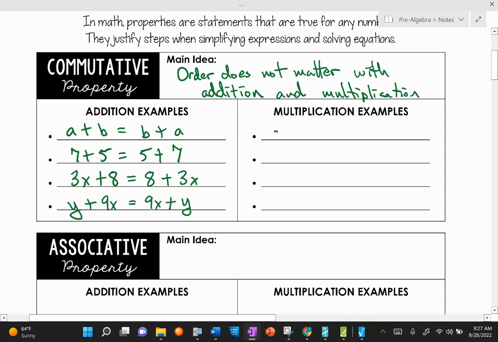So your order doesn't matter when you are multiplying two things together, because the same result will occur. These examples might seem excessive, but they will be useful for you on your project, I promise.